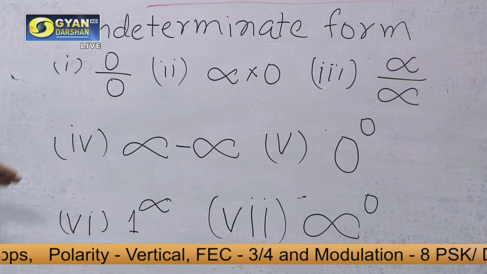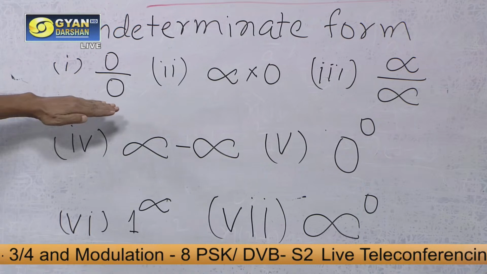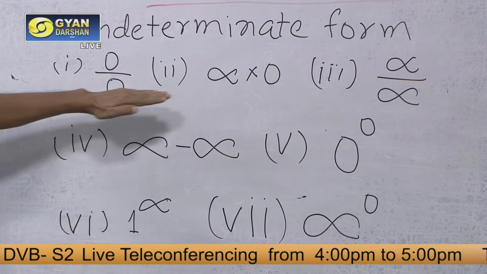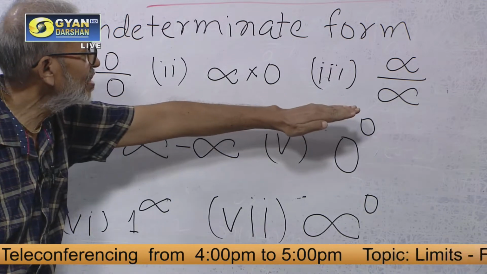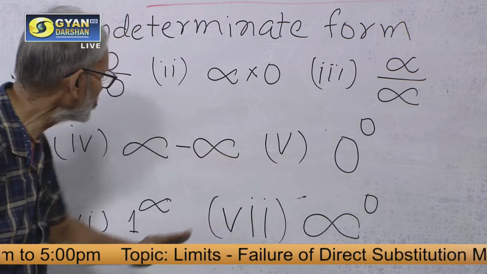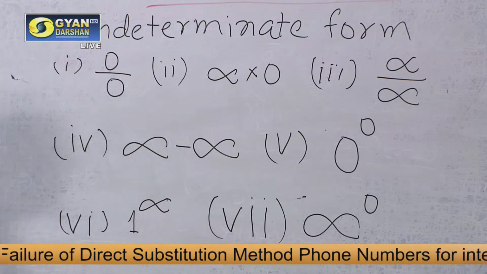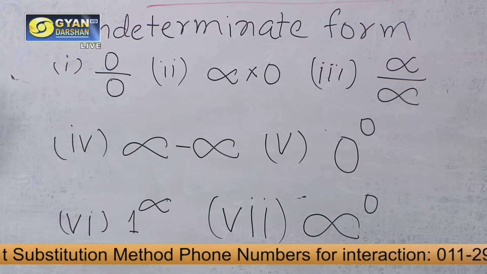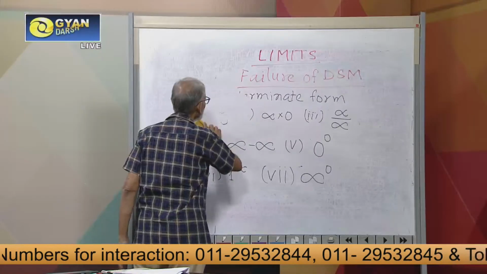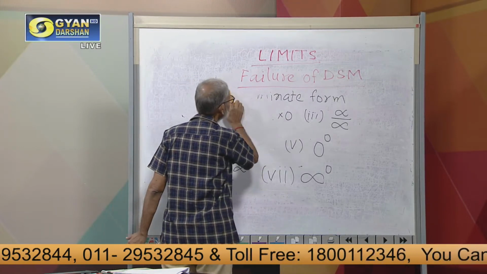But when you put a in place of x and the function comes in these 7 forms, either 0 by 0 or infinity into 0 or infinity by infinity or infinity minus infinity or 0 to the power 0 or 1 to the power infinity or infinity to the power 0, then it is indeterminate and you cannot find the limit from the direct substitution method.